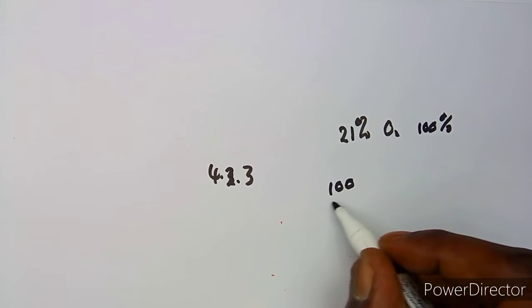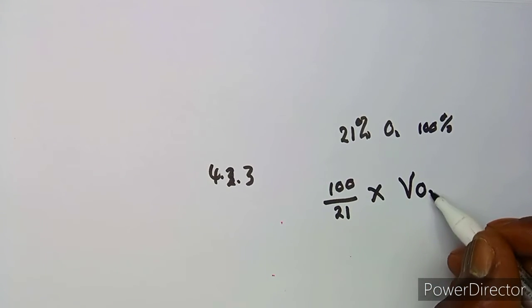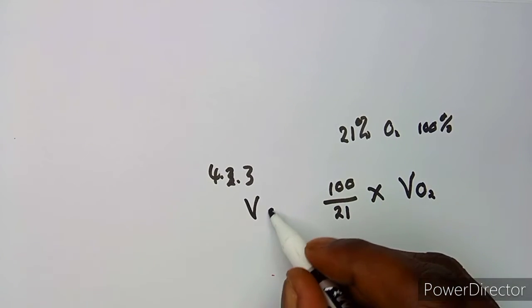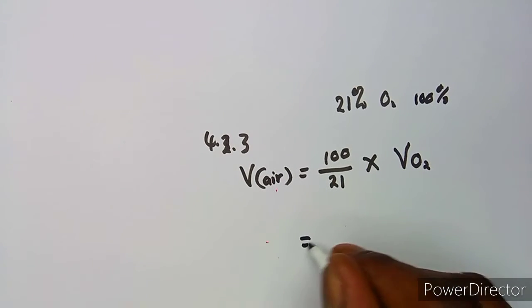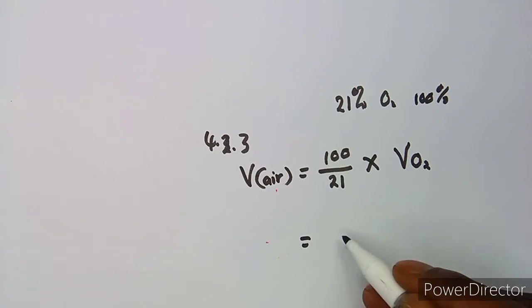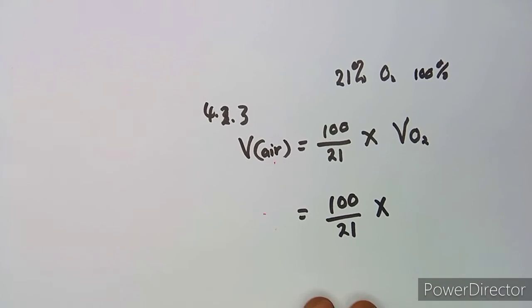So 100% over 21 times the volume of oxygen is going to be the volume of air. Okay, so that is our volume of air, which is 100 over 21 times the volume of oxygen.